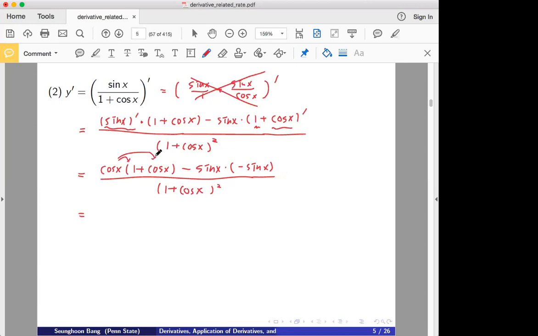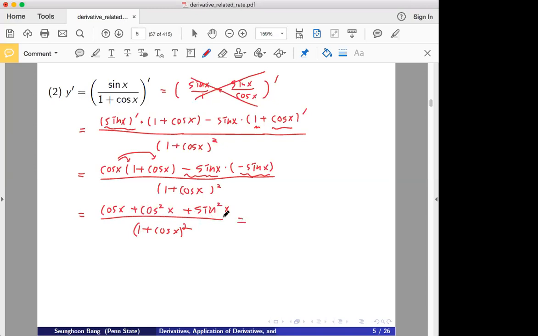Distribute cosine. Cosine x plus cosine squared. The negative sign times negative sign is positive, sine squared of x, over 1 plus cosine x squared. So not yet. You have to simplify more.